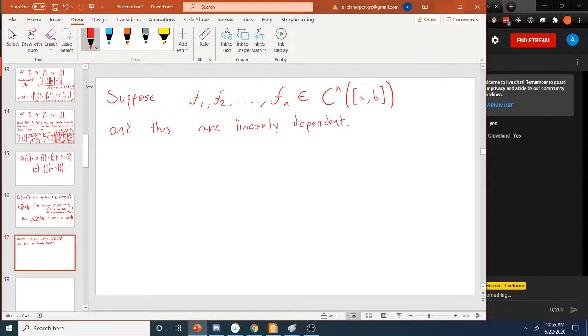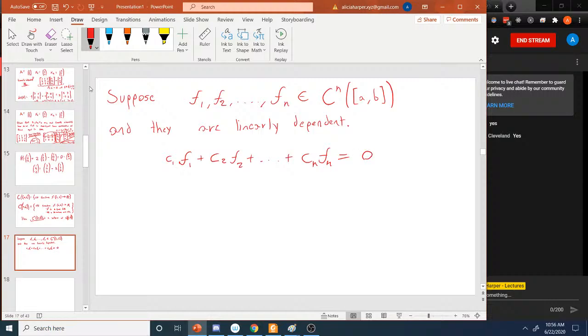Well, of course, this means that we can express the 0 function as a linear combination of these n functions. So we have C1 times f1 plus C2 times f2 plus, and so on, Cn times fn. And this is equal to 0.